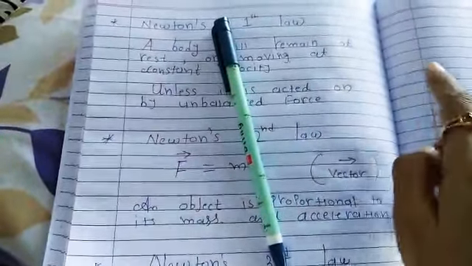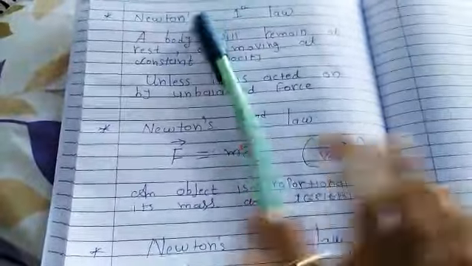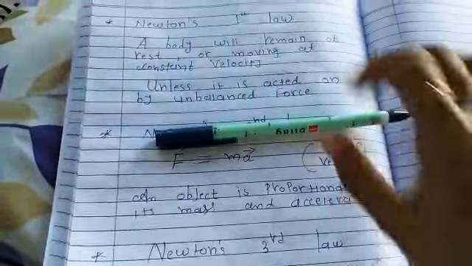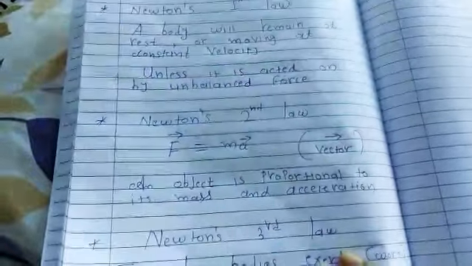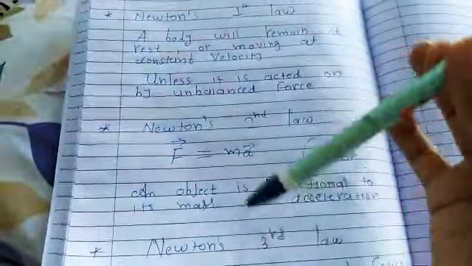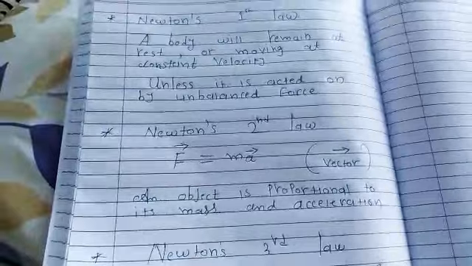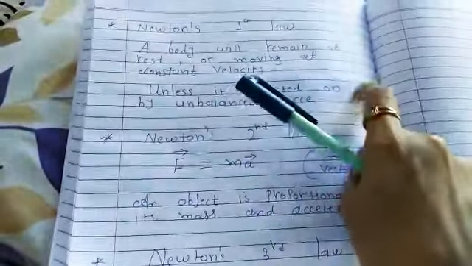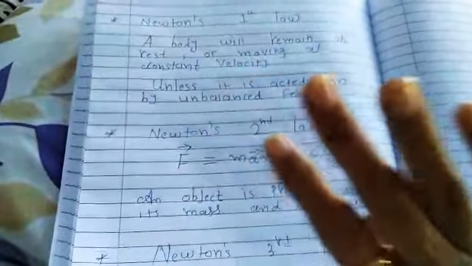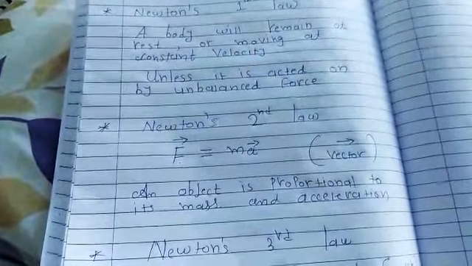But if it is acted on by an unbalanced force, I'm applying force, it's going to change. So unless I'm applying any force, the body remains still or at rest or moving at constant velocity.